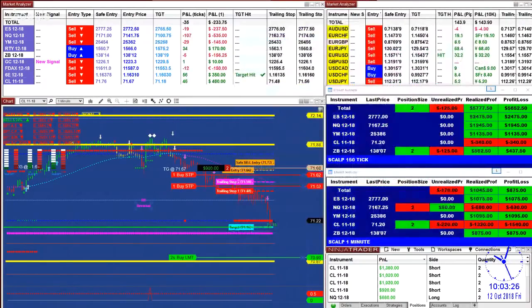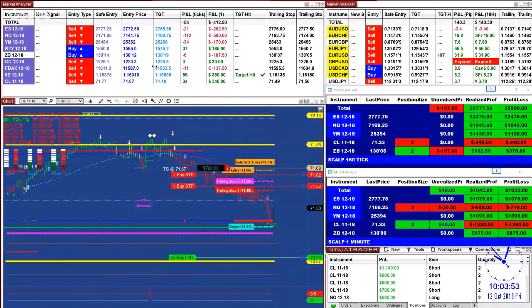We have a new signal on the gold, entry price 1223.3, and the target 1220.6. I don't trade the gold during the trading hours, and I have not traded the gold in a very long time. So I don't know if any gold traders are out there. It's not my piece of cake right now.